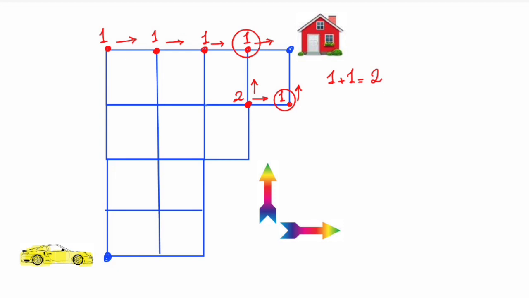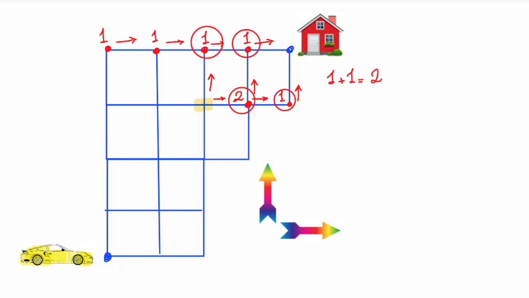Okay, now look at this point. Obviously, from this point, we have two choices. We can go to the right and reach this point. But we know that from this point, there exist two different ways to the red house. Or we can go one step up and reach this point.